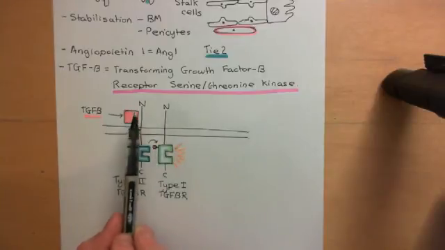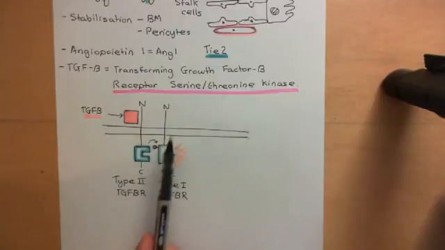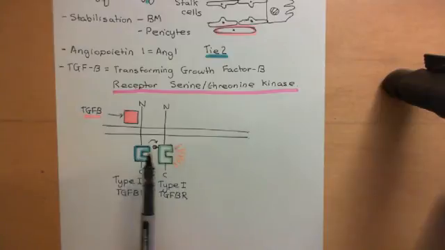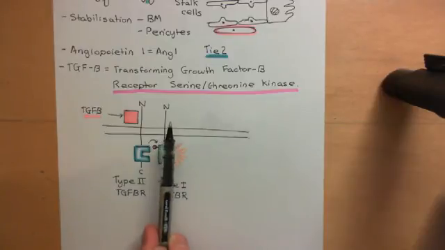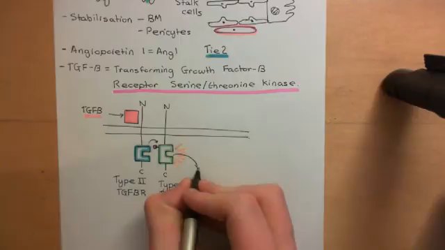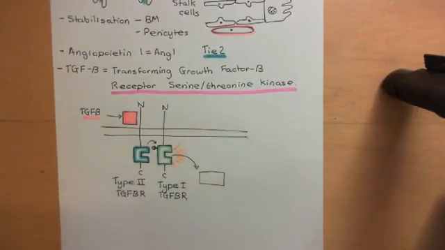All it needs to bind the ligand for is so that it can dimerize with the type 1 transforming growth factor beta receptor, so that the kinase domain of the type 2 receptor can phosphorylate a special site on the type 1 receptor, activating that kinase domain, and now it will phosphorylate proteins of downstream pathways and cause epigenetic changes, cause changes in which genes are actually going to be expressed in this cell.